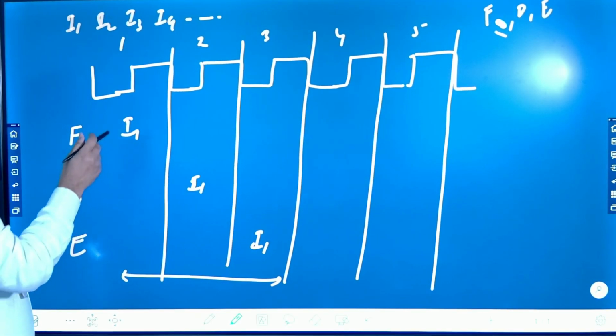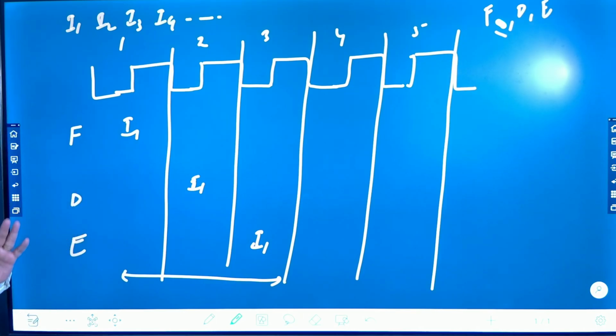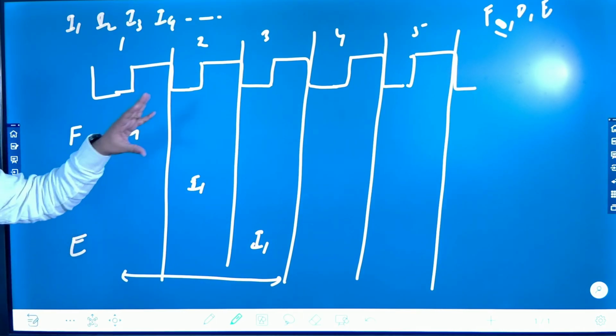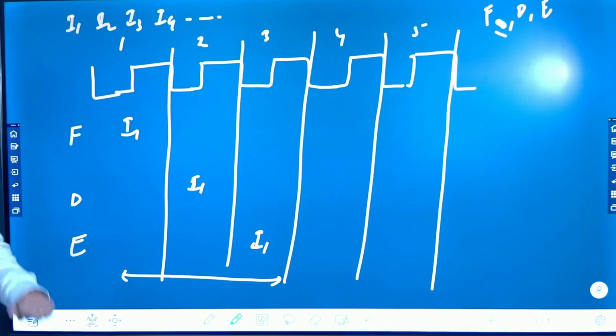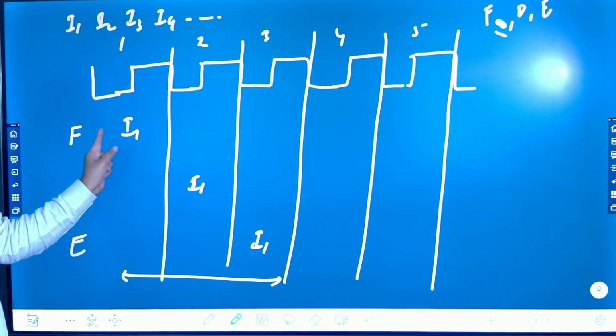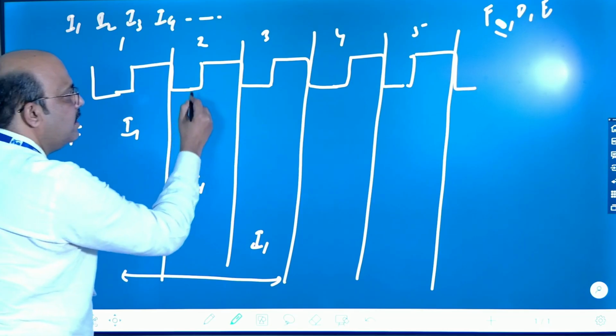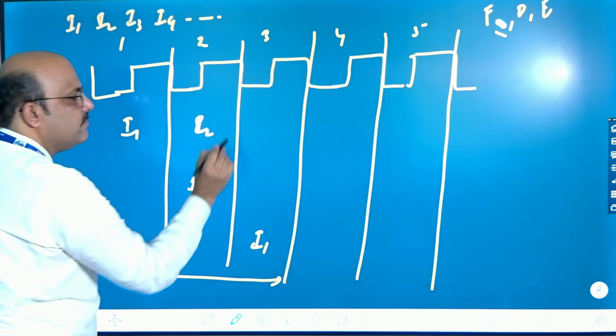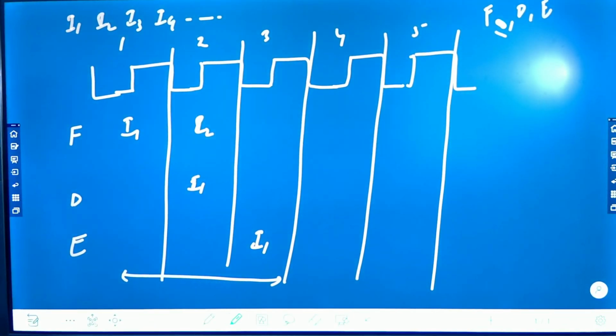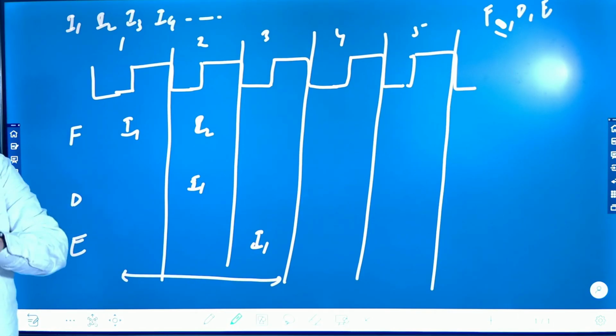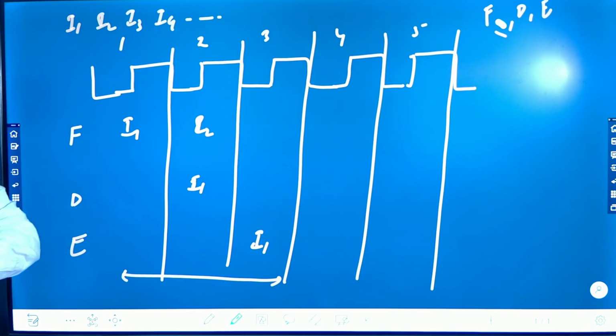Now this is the normal phenomenon of the execution of the instructions. As this I1 comes, then in the second cycle I2 will be there, right? It means that there is a parallel operation going on. How?